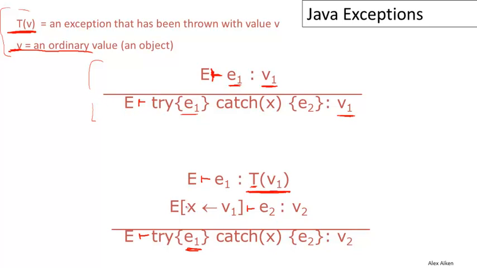Well, we unwrap the exception. We pull out the value that's in the thrown exception, bind it to some local name that's named in the catch expression, and then we evaluate the cleanup code. So with the exception value available, we evaluate E2, and whatever the result of E2 is, that is the result of the try-catch block.